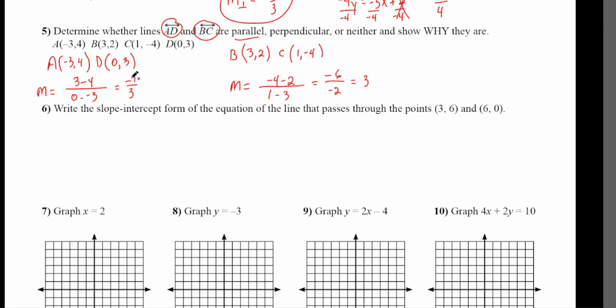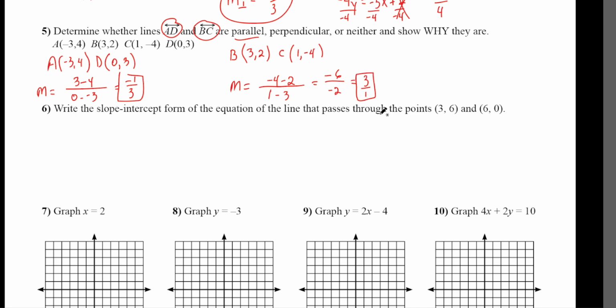Now we compare them. Look at that slope, negative 1/3. Look at this slope, 3/1. Is there a relationship between those two slopes? Yes. They're what to each other? They're negative reciprocals. This one's negative, this one's positive. This one is 1/3, this one is 3/1.